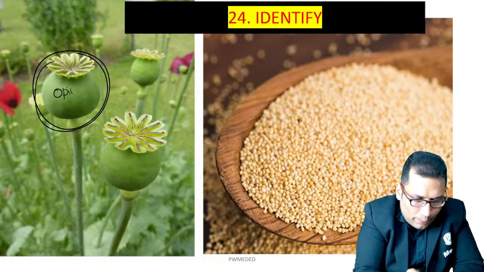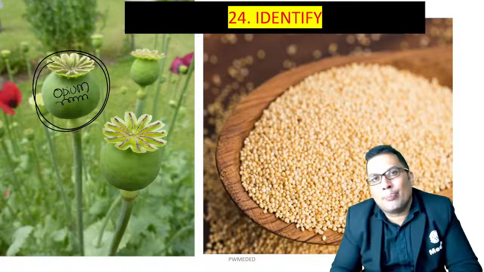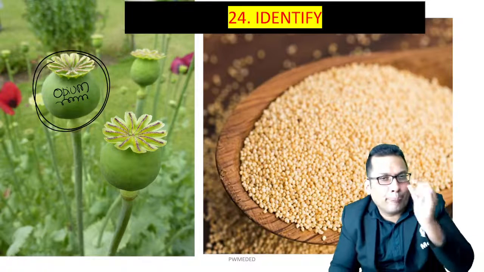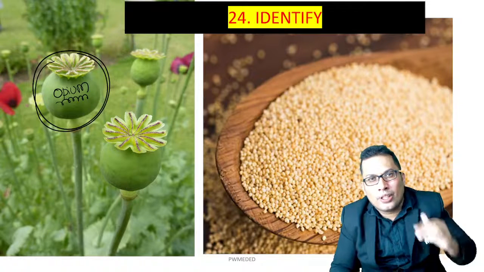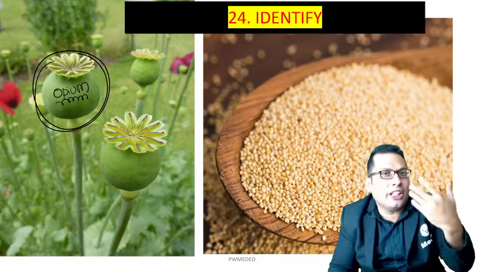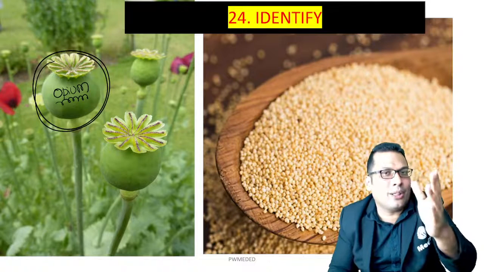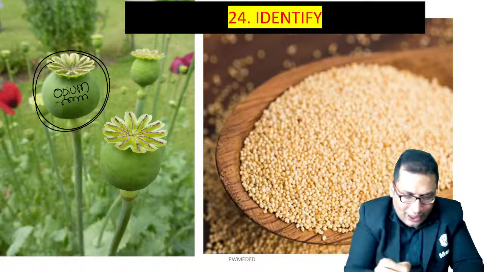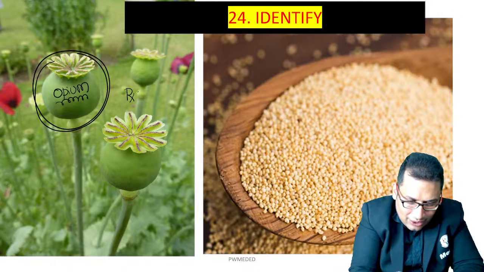What is the name of the plant? Papaver somniferum. What are the clinical features? Miosis of the pupil, respiratory depression, and coma. What is the treatment of opium poisoning?